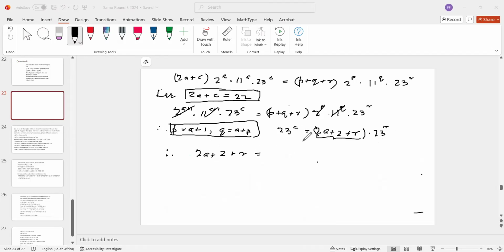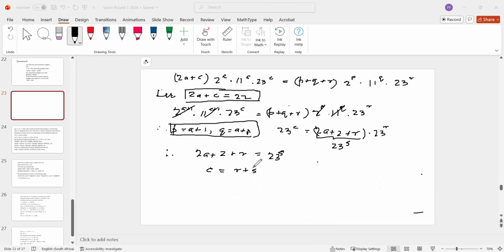In fact, it's the only prime factor for this, 23. So this has to be a power of 23. Let's call it 23 to the power of s. So when you do that, then you have 23 to the power of c is equal to 23 to the power of r plus s. So you have c is equal to r plus s.